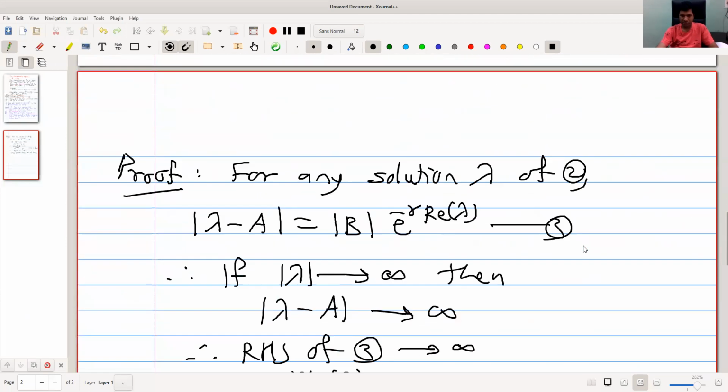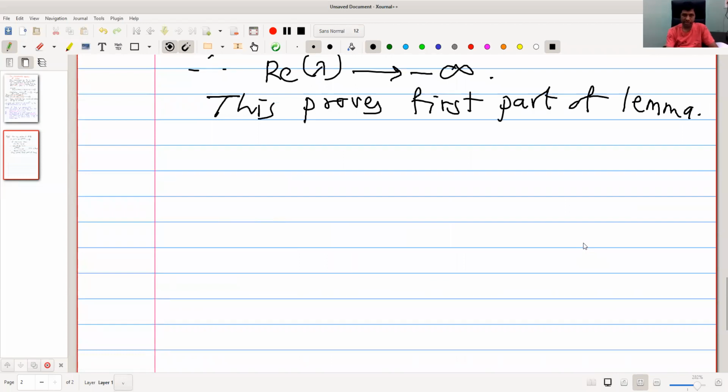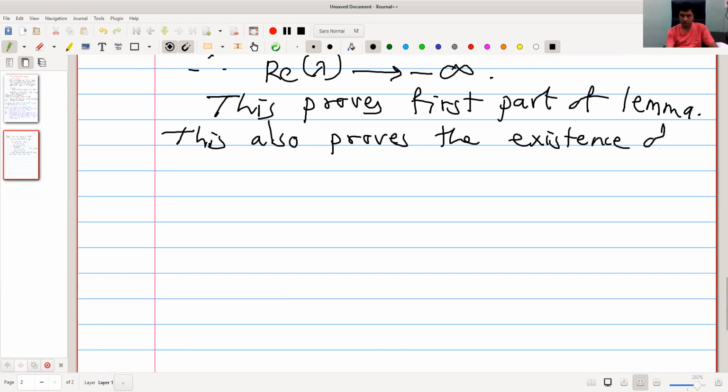So this also proves the existence of alpha as given in the statement of this lemma.